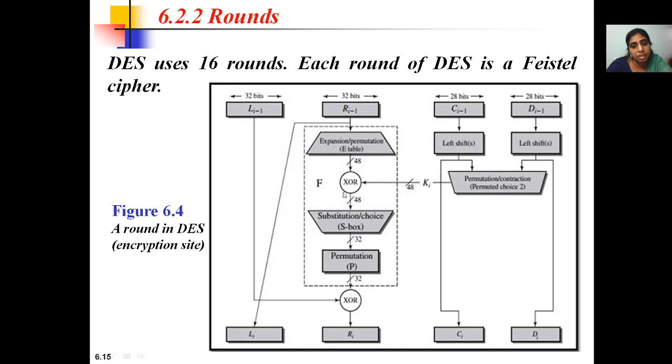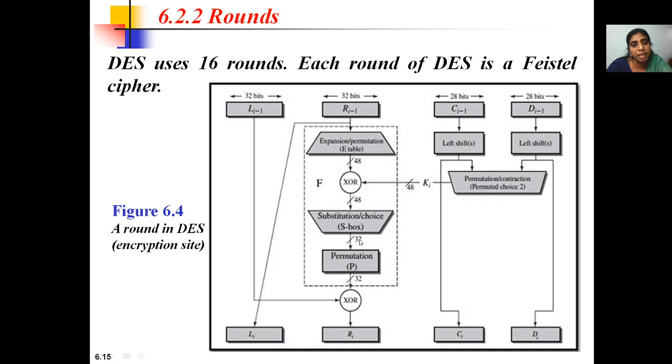Here we XOR the key with the output from the expansion permutation step. Once you do the XOR, we give that output to the S boxes. We have 48 bits as the input and we get 32 bits from the S boxes.